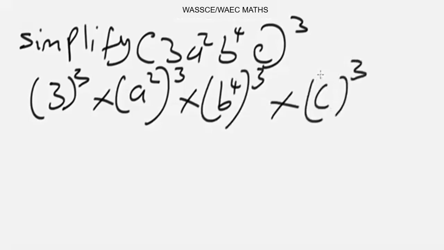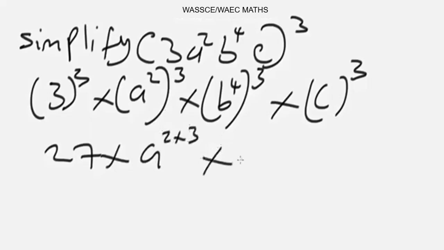When you keep simplifying, 3 to the power 3 gives us 27. We now have a to the power 2 times 3, b to the power 4 times 3, and c to the power 3.